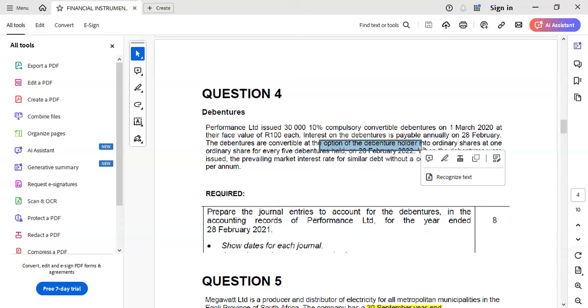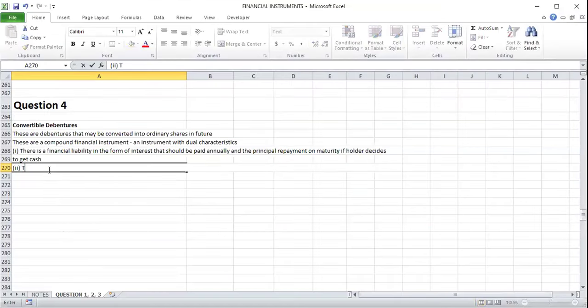Right. Then there is also an equity component, if the holders decide to convert their debentures into shares.